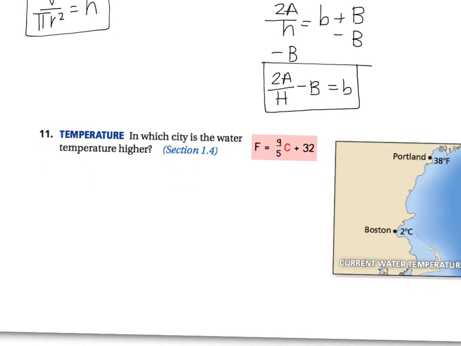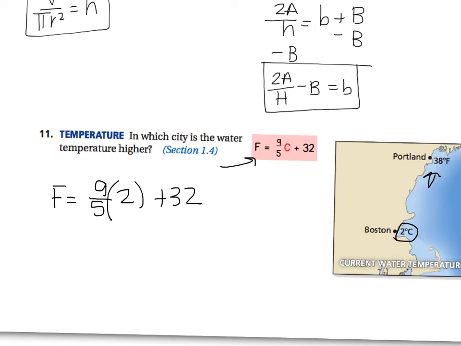On problem 11, we wanted to see which temperature was higher. I chose to use this equation, and so what I'm going to do is plug in the degrees Celsius, convert them to Fahrenheit, and then see which one is higher, Portland or Boston. So F equals 9/5 times 2 plus 32.